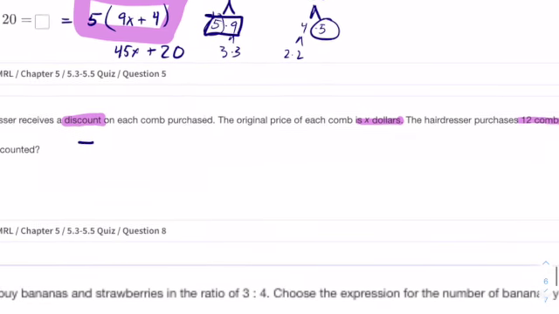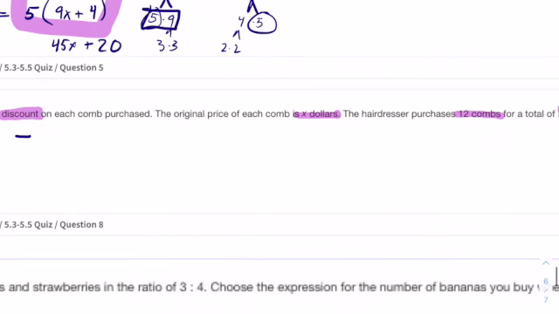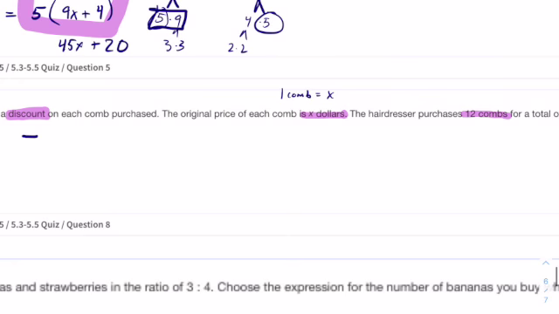It tells me that the original price of the comb, so like one comb here, is going to be x dollars. So if I'm buying a comb for x, but I get a discount, then that would mean whatever I would pay originally minus something, that would be what I pay with the discount.